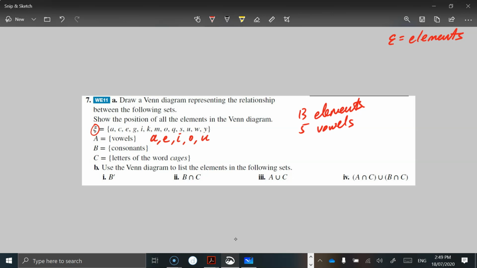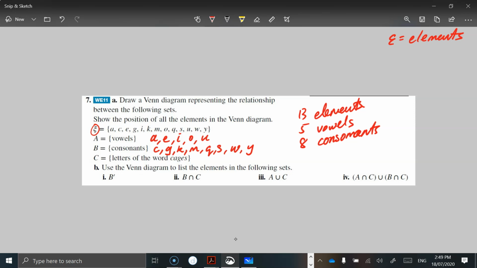Okay, so we've got 1, 2, 3, 4, 5, 6, 7, 8 consonants, and they are C, G, K, M, Q, S, W, and Y.